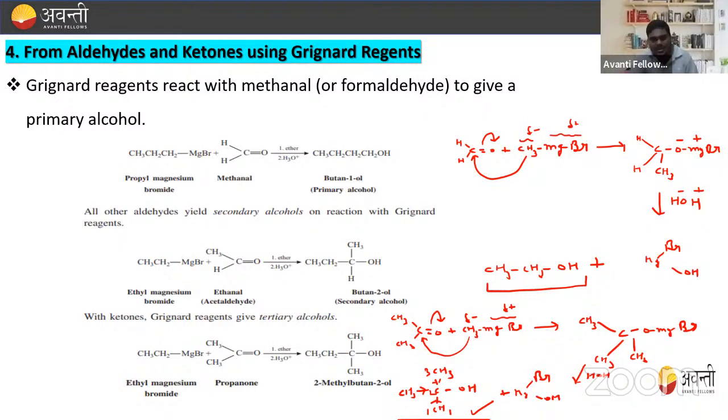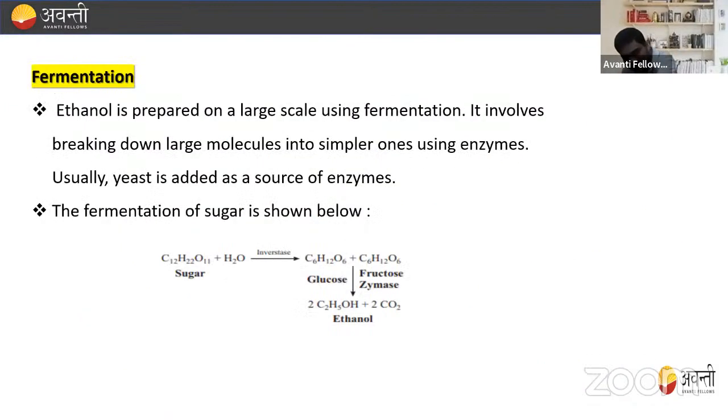Similarly, when we treat aldehyde with the Grignard reagent, we'll get the secondary alcohol. And when we treat ketone with the Grignard reagent, then we'll get the tertiary alcohol. So this is how you get the primary, secondary, and the tertiary alcohol by using Grignard reagent.